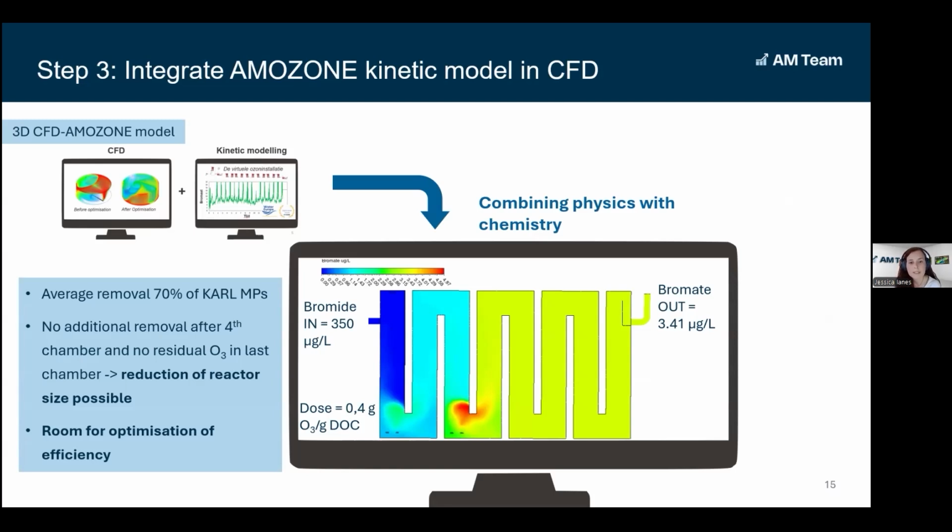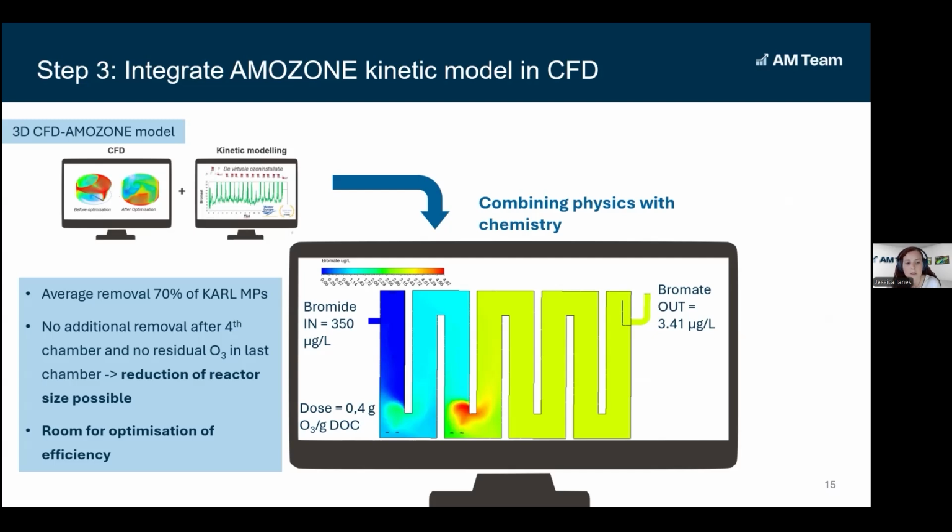So what you can see in this image is the side view of the pilot reactor at Bottrop, the initial design. Here we had bromide in the influent of 350 micrograms per liter. Then there was a countercurrent configuration with the 2 injection chambers, the first one and the third one.